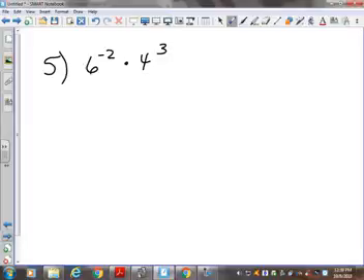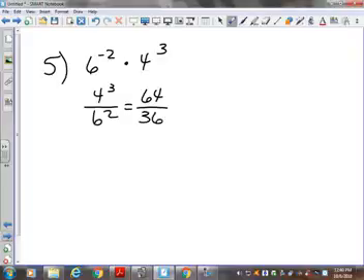Can you put that one like as a fraction? Yes, you can. In fact, you can put it underneath the other one, so you can save a little bit of work. You don't have to just move this one down and stick a 1 under it. If you got a negative power, put it under a positive power. At least that way, you've already got it kind of simplified some. Then 4 to the third power, well, 4 times 4 is 16, and times 4 again is 64. I just happen to know that. But if you didn't, you could type 4 to the third power in the calculator. And 6 squared, we all know, is 36.